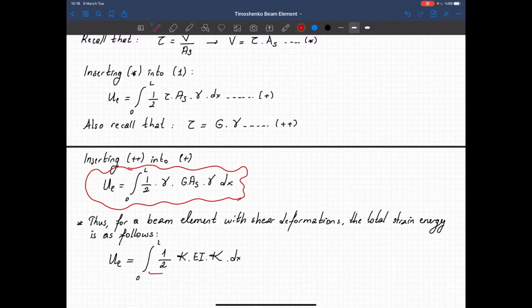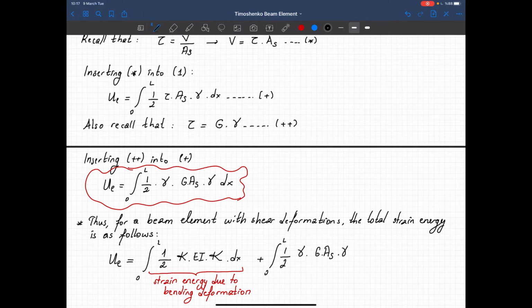Remember that that's the strain energy due to bending deformation, plus from 0 to L 1 over 2 shear strain multiplied by shear modulus times effective shear area multiplied by shear strain dx, and that's the strain energy due to shear deformation.